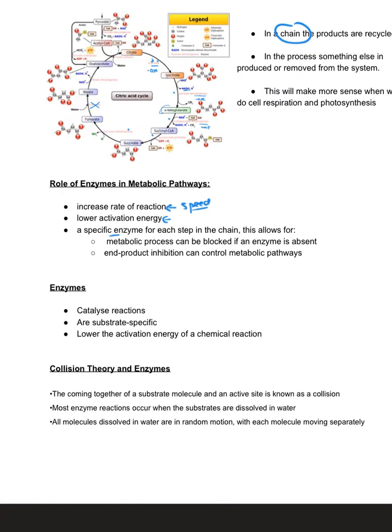A couple of things. Enzymes catalyze reactions. They're substrate specific. You might have heard this referred to as key and lock, or lock and key. And they lower the activation energy. So, for example, if you imagine, this is basically how much energy it takes to start a reaction. In chemistry, without enzymes or catalase, you'd add more.